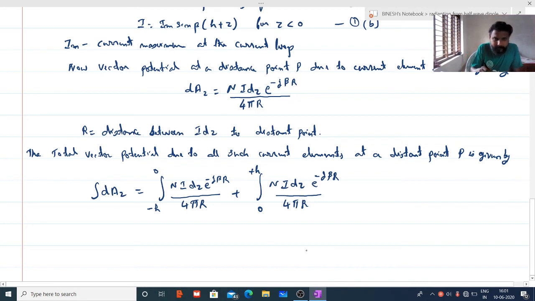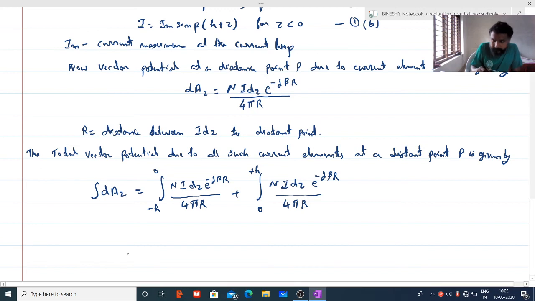So in general I can write Az. One minute, let me check if there is any mistake. I think it is clear, e raised to minus j beta r. Any mistake? No. Okay, let me proceed with this one.